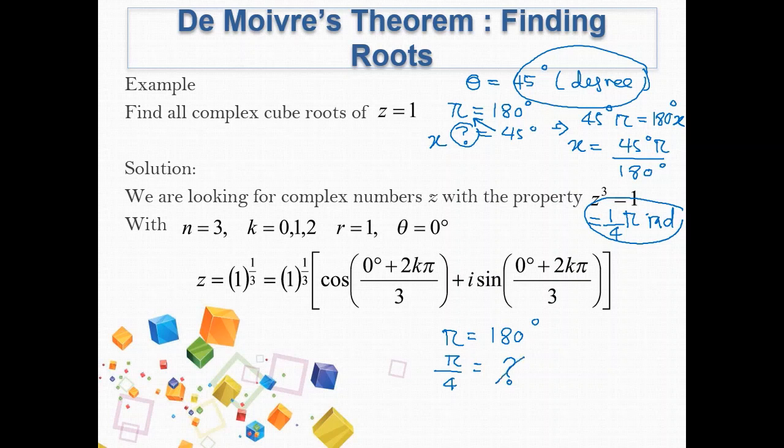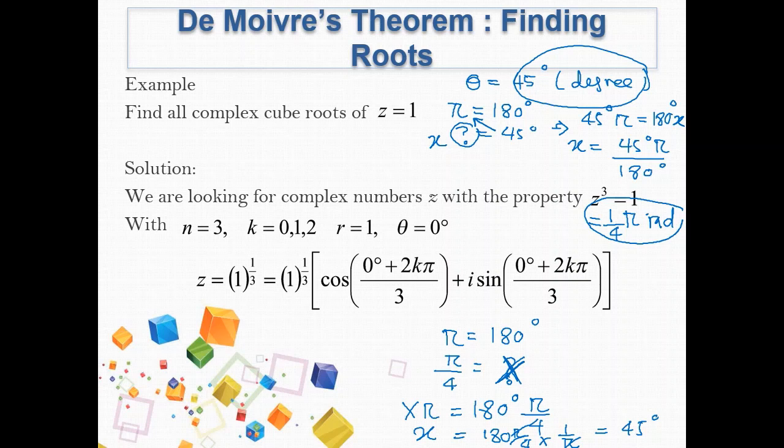Cross product this, you will have x pi equivalent to 180 pi over 4. So finding x means you bring your pi to here: 180 pi over 4 times 1 over pi. Pi with pi we cancel, and 180 divided by 4 will give you 45 degree.